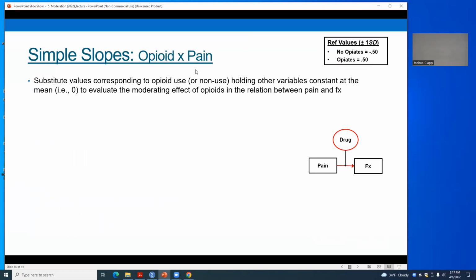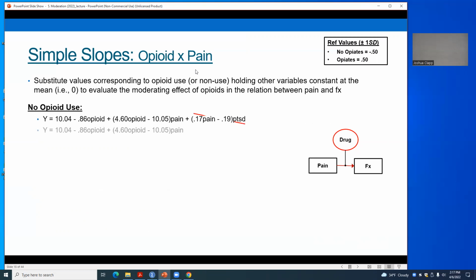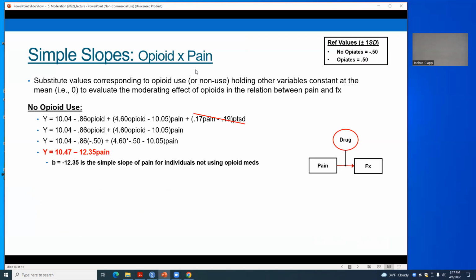We can do the same thing with opiate use. For opiate use, here's our restructured equation. Start dropping in zeros for anything that's not involved in this. PTSD is not involved in this conditional effect, so if you put 0 in for PTSD, that all turns into 0, right? So now we have our simple slopes here: no opiate use is going to be associated with a value of -0.5 in these data. We drop that in, get the simple slope formula for no opiate use.